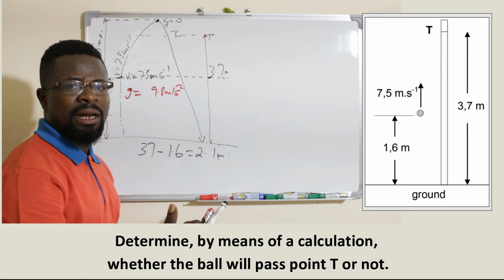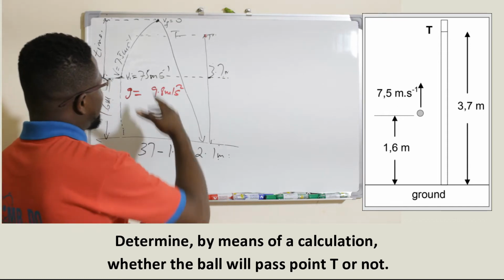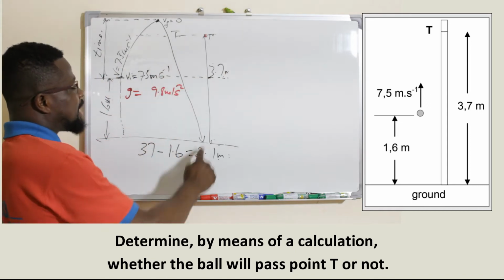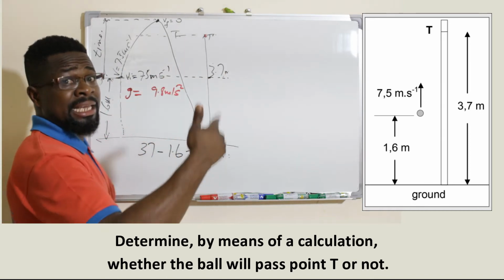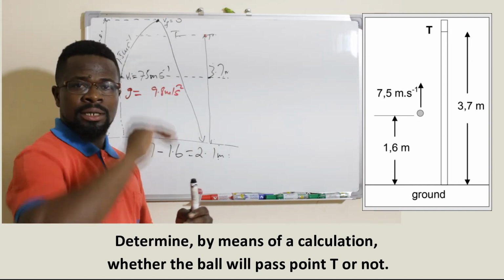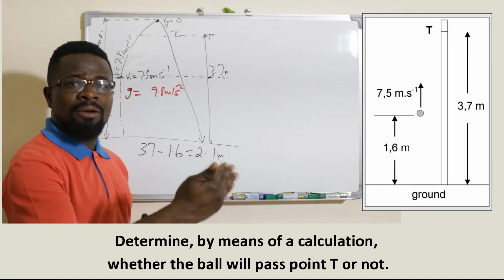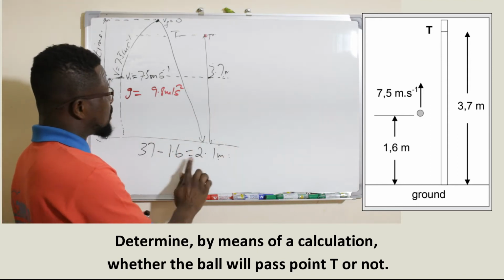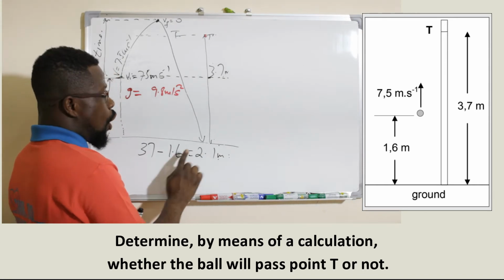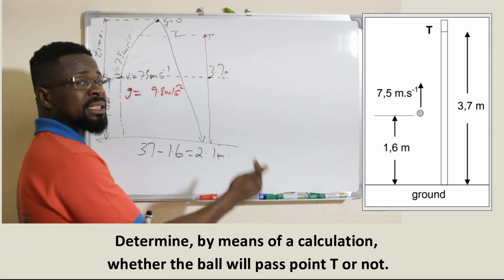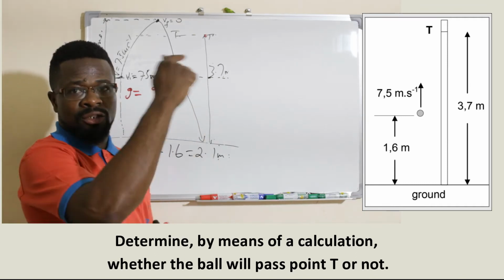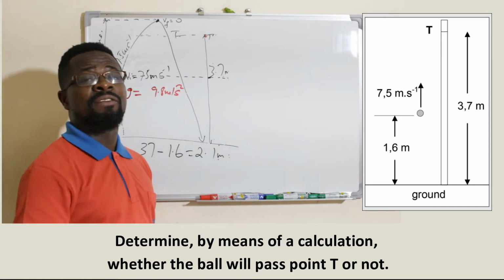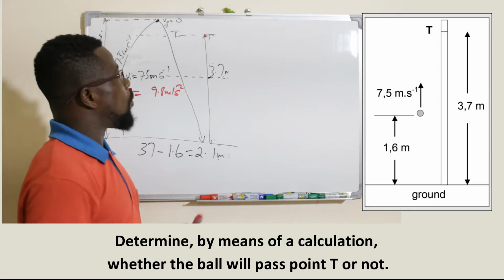So I can calculate the maximum height reached, and if that value is greater than 2.1 meters, then it means that the ball passed the point T. But if the value is not up to 2.1 meters, or it is equal to 2.1 meters, then: if it is equal, it means it reached the point but never passed. But if it is less than, then it means it never even reached the point T.